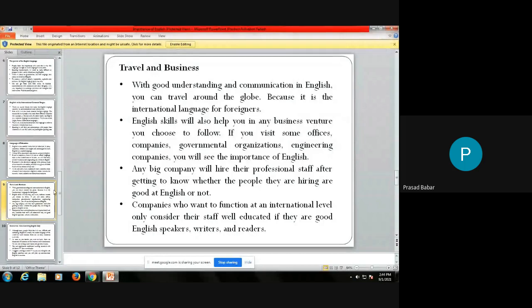Any big company will hire their professional staff after getting to know whether the people they are hiring are good at English or not.